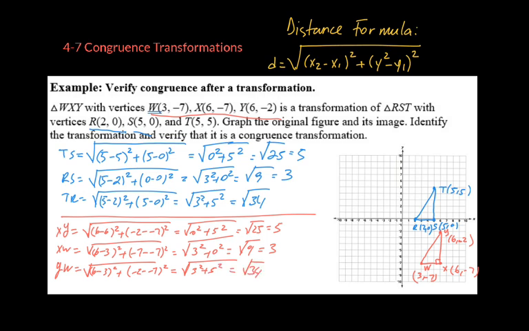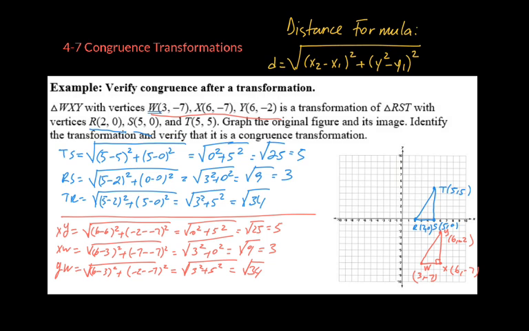So now at this point, did we identify the transformation? I don't think so. So, okay, the first figure was this one right here, and then it goes down 7 units and 1 unit to the right. So this is a sliding.